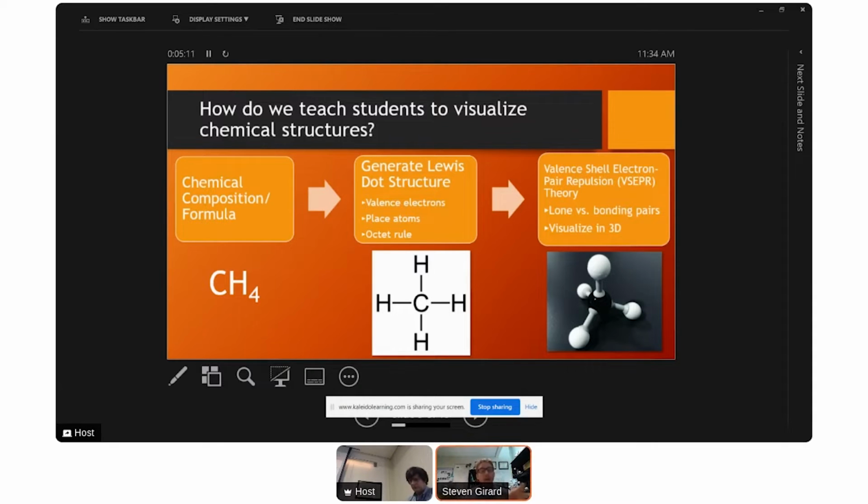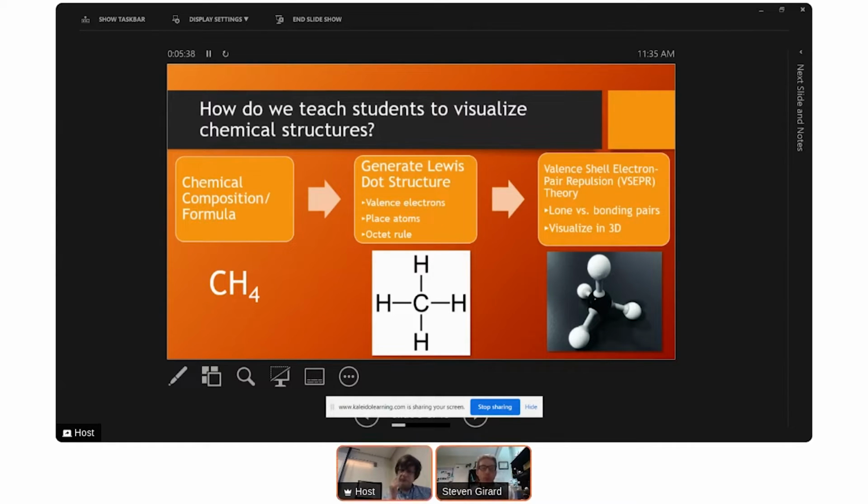Now, what I require my students to be able to do, and this would be a requirement in essentially any chemistry class, is take that composition and try to draw out what the actual structure would look like. How many bonds are you going to be generating? And then understand from those bonding relationships what that structure is going to appear like in three-dimensional space.